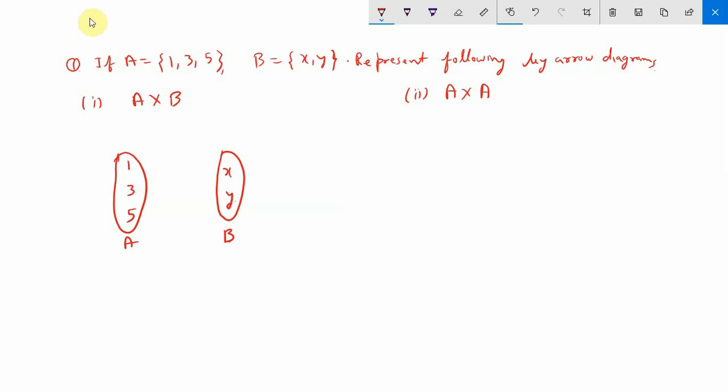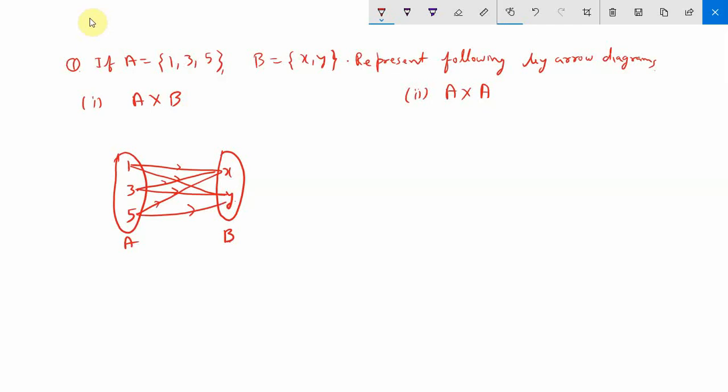So considering the first element, we will form all the ordered pairs with elements of set B. So like this, the arrow starts from an element of set A and terminates at elements of set B. Next, we'll consider 3, and this one with 5. Okay, so these 6 ordered pairs we will get.